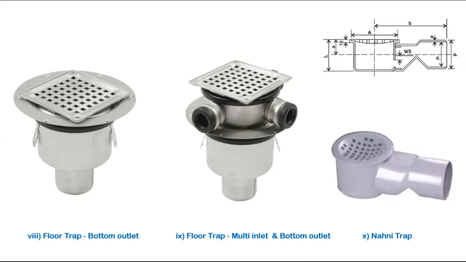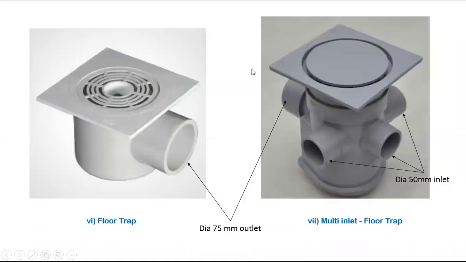Directly you have to cut the slab and take the pipe, so you have to use the bottom outlet. A bottom outlet drop is better, as you can install it directly on the outlet. You can use it on the ground floor and on upper floors with a sunken floor. You can use this type of fixture. Sunken means you have to take the pipe horizontally up to the shaft.